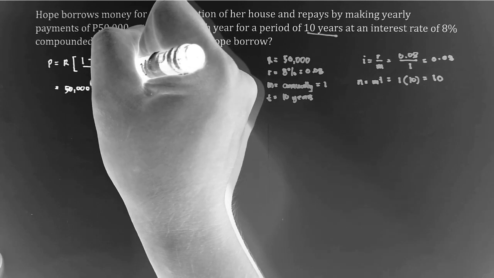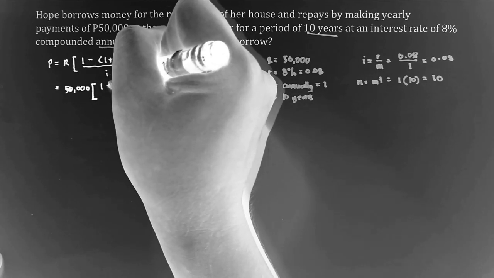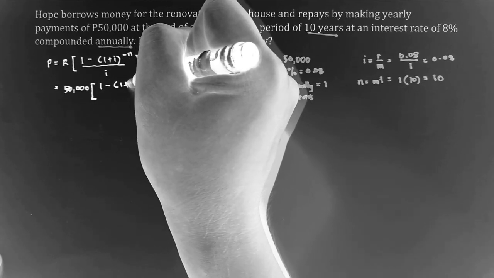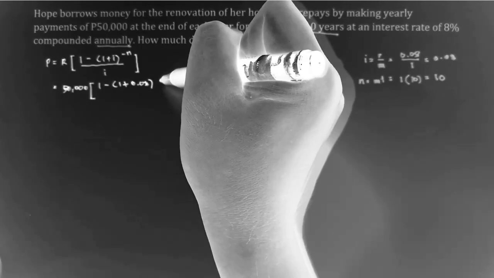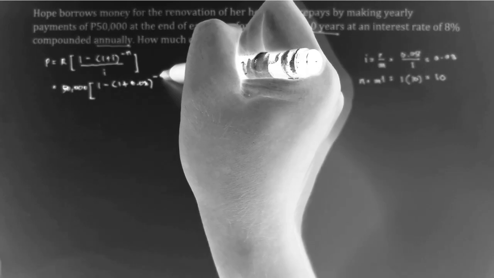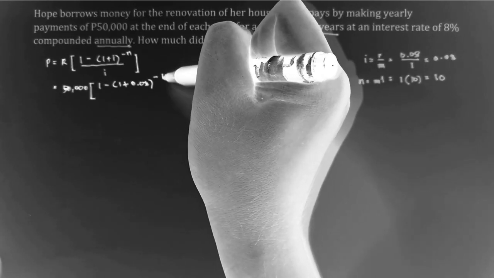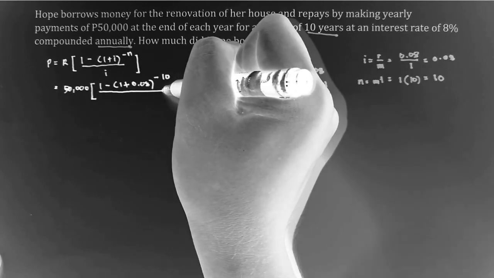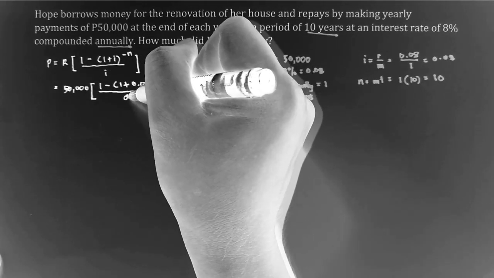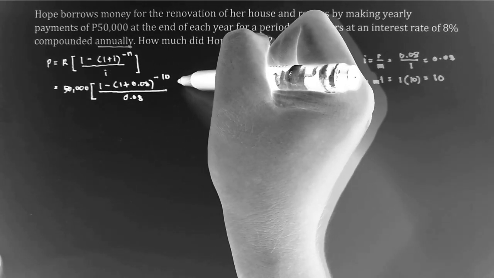So we have 50,000 times 1 minus 1 plus our I, which is 0.08, raised to negative N. Ang N natin ay 10, so raised to negative 10, and then over 0.08.